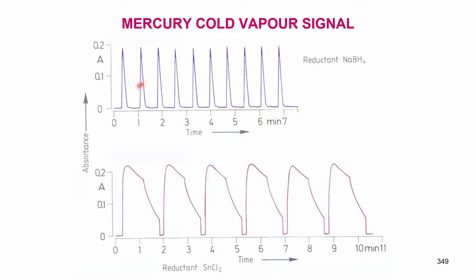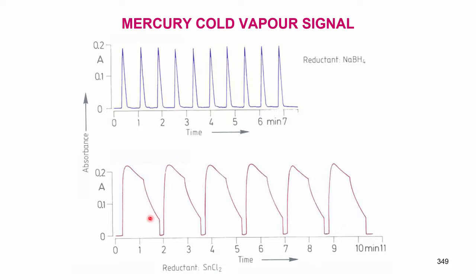The peak area also seems to be quite uniform. This is the first peak, second peak, third peak, fourth peak, and all of them seem to be uniform. That means the consistency of mercury determination is very good with sodium borohydride.